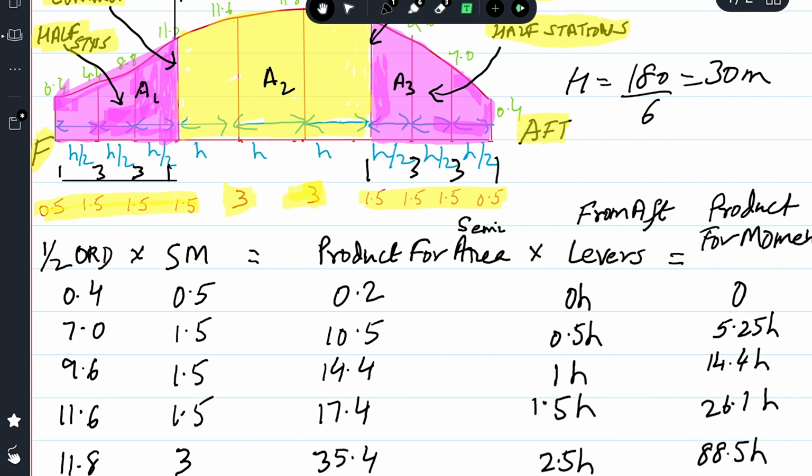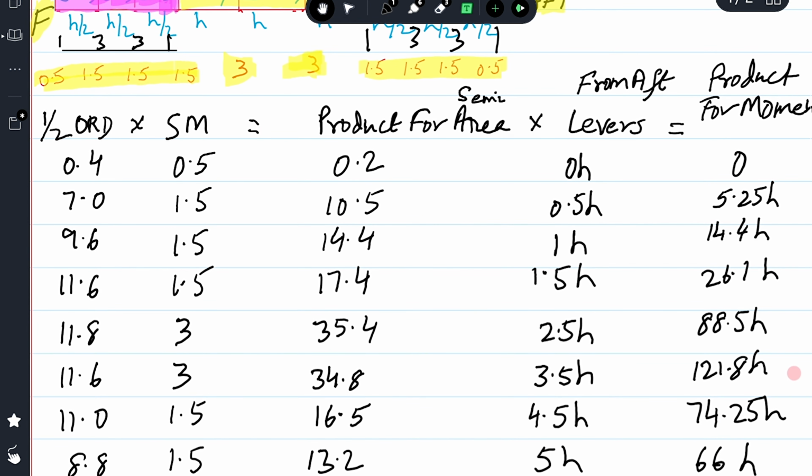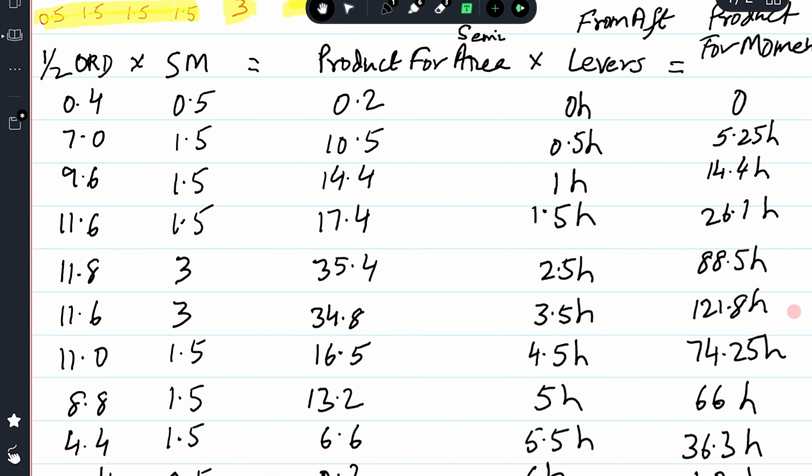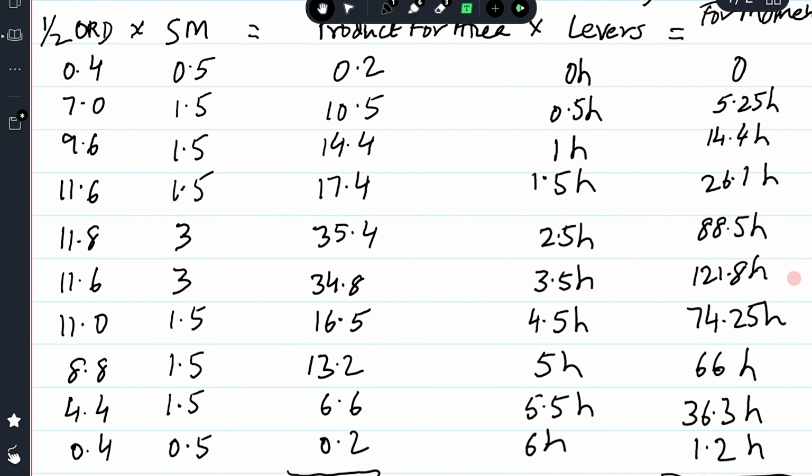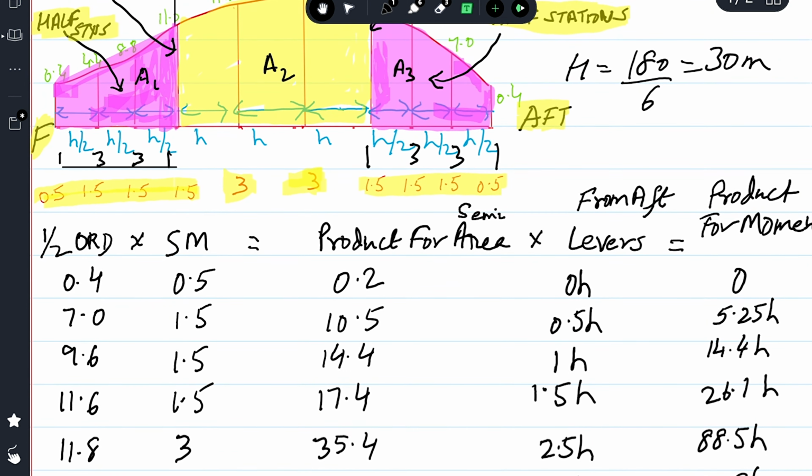After 11.6, the 11, after 11.6, 11, you have reached the common ordinate. Up to here is 4.5 H. After this, you are entering the half stations where the interval becomes half, H by 2. So after 4.5 H, it will be 5 H, then 5.5 H, and the last will be 6 H. So carefully write these levers.